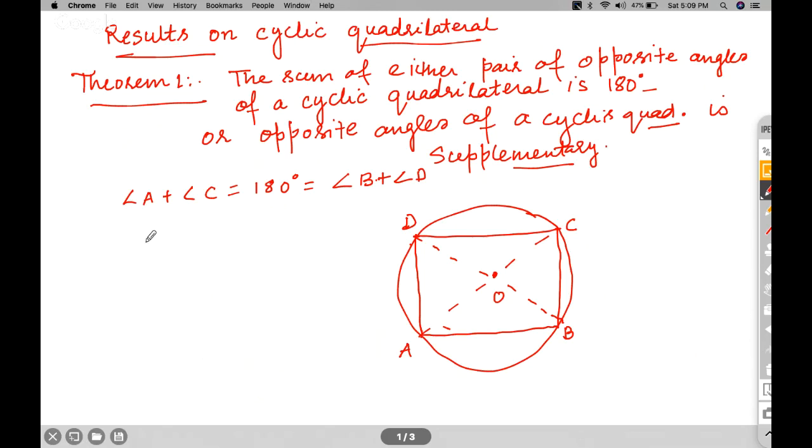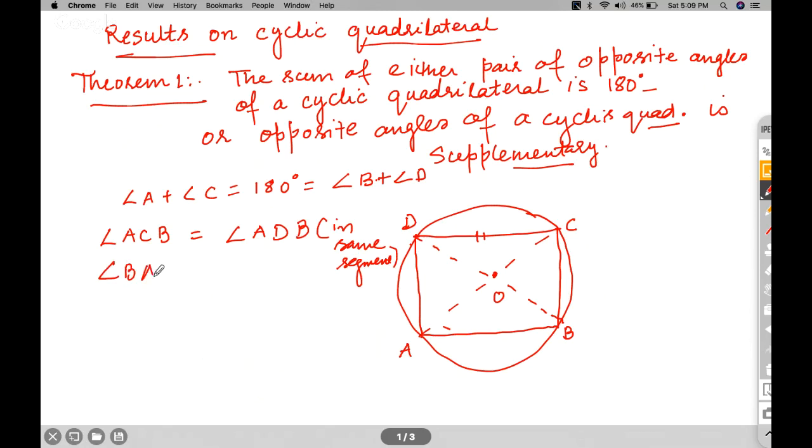So what I do over here is I have joined line AC and BD, and I know that angle ACB would be equal to angle ADB. Why? Because they are in the same segment. We just proved that in a circle, angles in the same segment are equal.